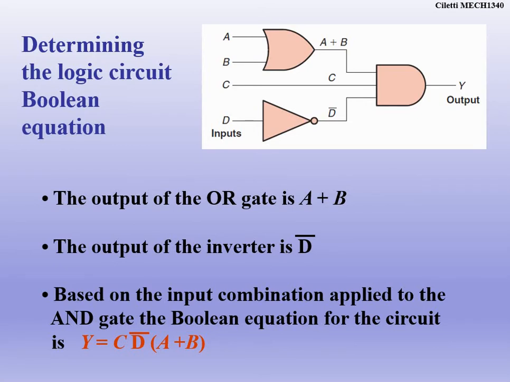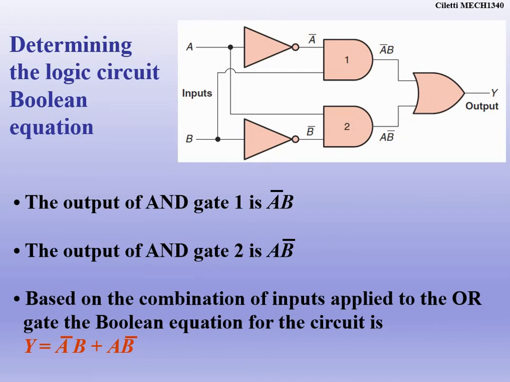So down below, the answer for this expression is y equals C and not D, parentheses, which is also ANDing A or B. So that's the correct way we would write the output expression for this logic gate. Okay, you should be able to follow these through.